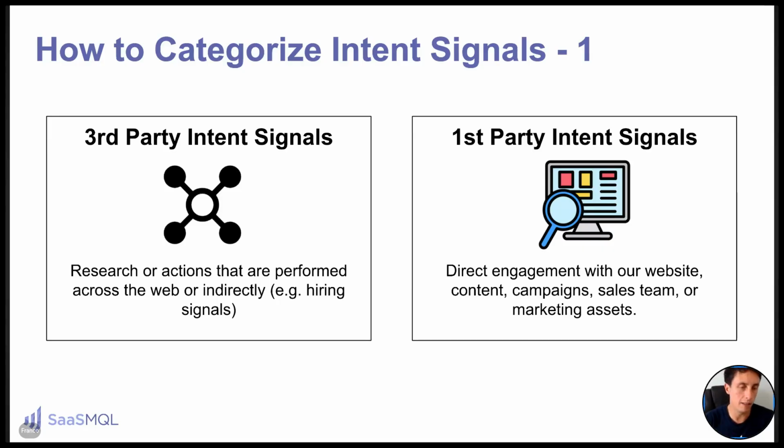The first one is called third-party intent signals, and those are actions and reads performed across the web or other websites, indirectly. This basically correlates to certain accounts showing intent either on your particular solution or on your category of solutions.